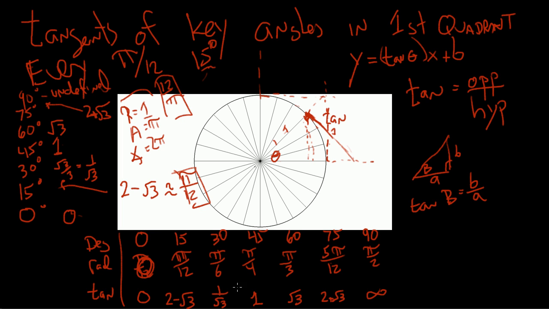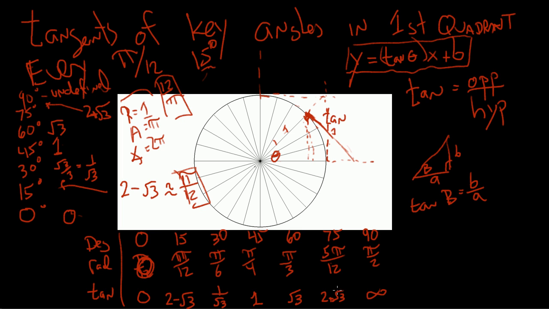Later on, you're going to see in the end, you really only need to memorize or commit to memory the first 45 degrees, or the first half of the first quadrant. However, for tangents, it's important to know these because you can start to recognize and visualize what a line looks like when you see y equals mx plus b, because m is the tangent of the angle of the line.